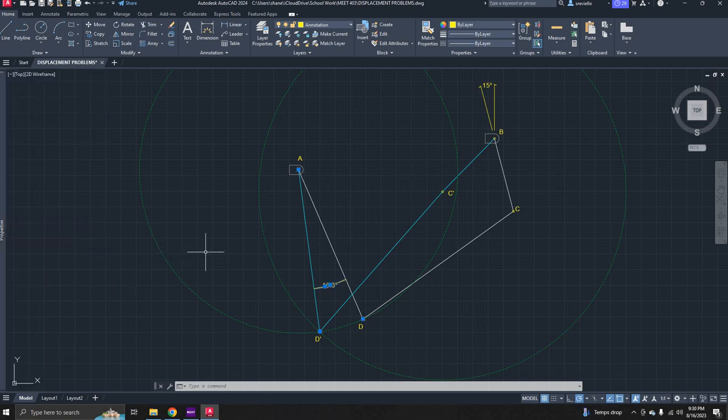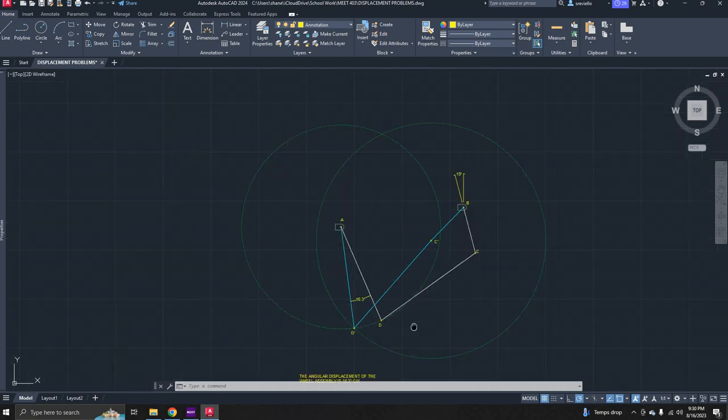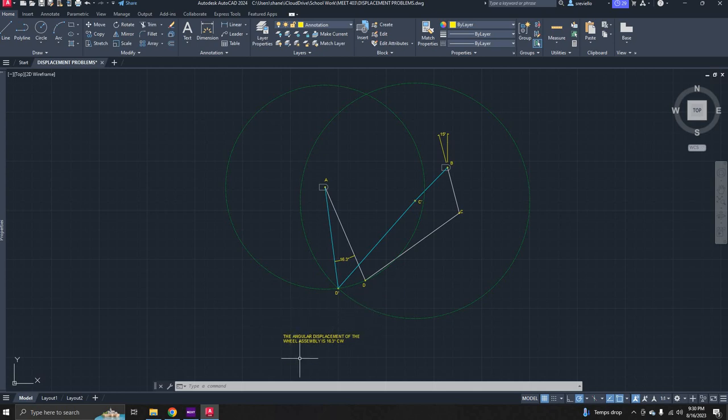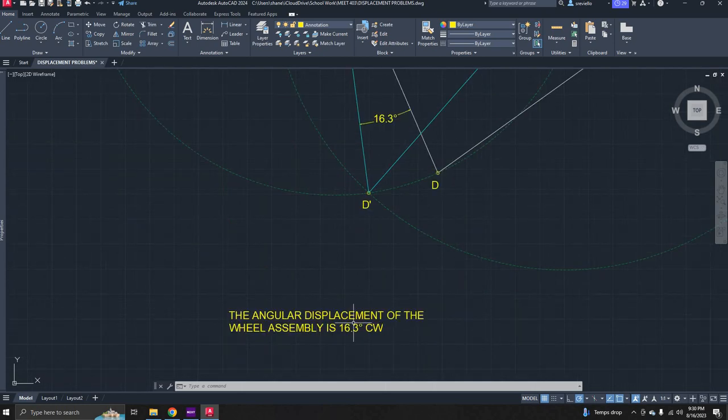I would like to see a decimal place in there. So, as our 12-inch link BC rotates 60 degrees, correspondingly, our wheel assembly link AD rotates 16.3 degrees. We see that, something you've probably already seen, is the little text box saying the angular displacement of the wheel assembly is 16.3 degrees clockwise.